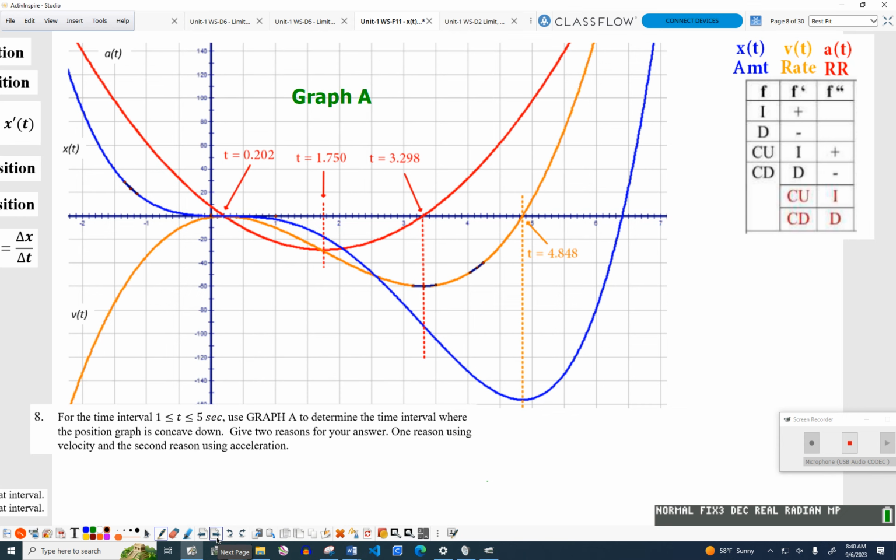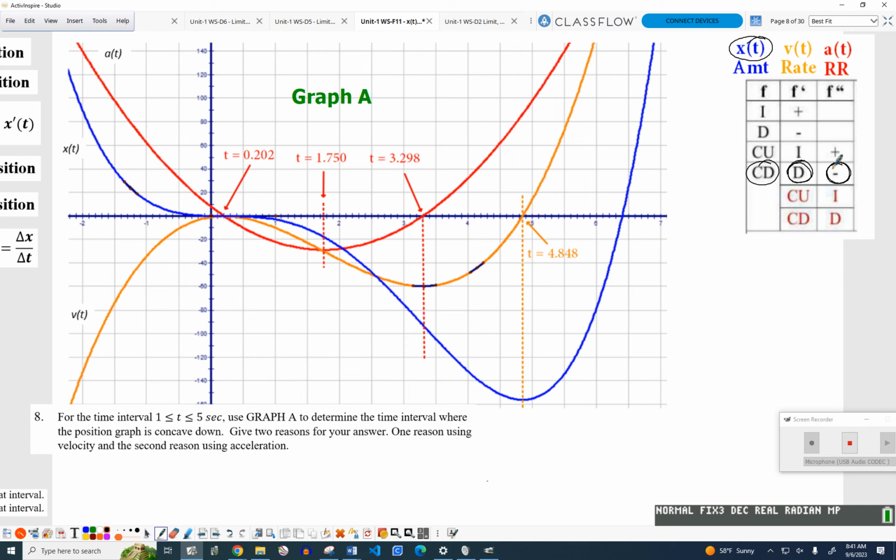Number 8 says use the graph to determine when the position graph is concave down. That one, back to Ellie's question, straight to Danika's chart. If I want to know when the position is concave down, I simply can find when the velocity is decreasing or when the acceleration is negative.